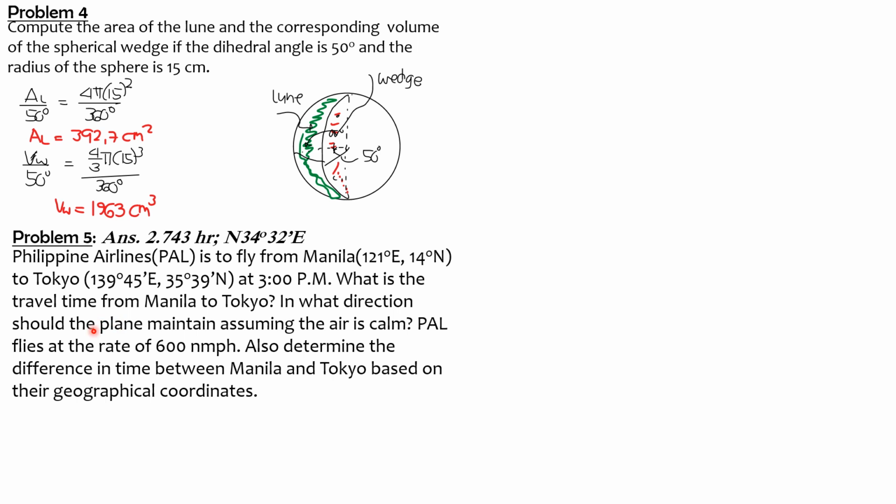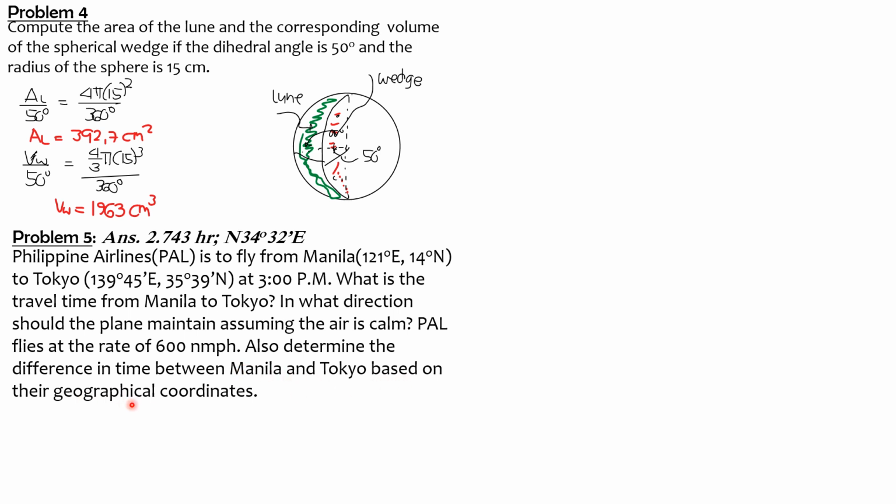In what direction should the plane maintain, assuming the air is calm? PAL flies at the rate of 600 nautical miles per hour. Also determine the difference in time between Manila and Tokyo based on their geographical coordinates.